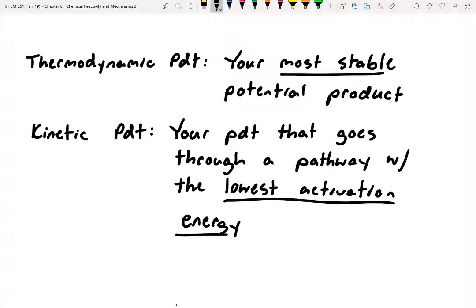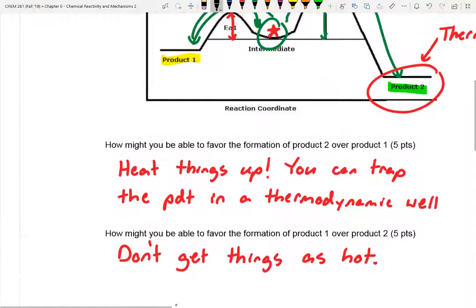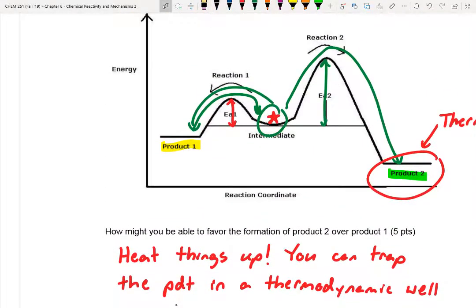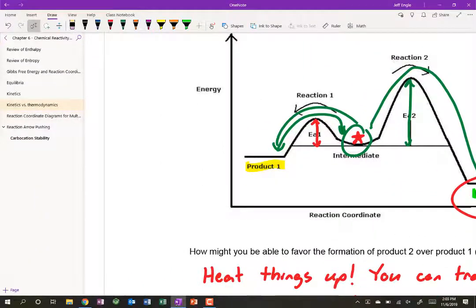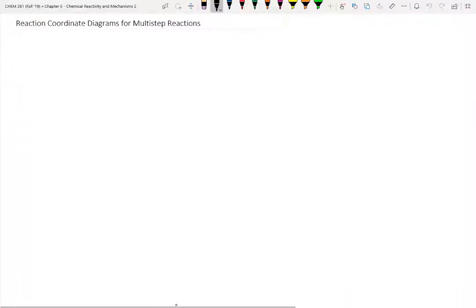All right, so now what we need to do is something kind of related to what we saw up here. This was a one-step reaction where we were in an intermediate and we could go through reaction 1 on the left, reaction 2 on the right, implying that the intermediate is midway through a reaction that goes through more than one step, right? So let's make some reaction coordinate diagrams showing multi-step reactions.